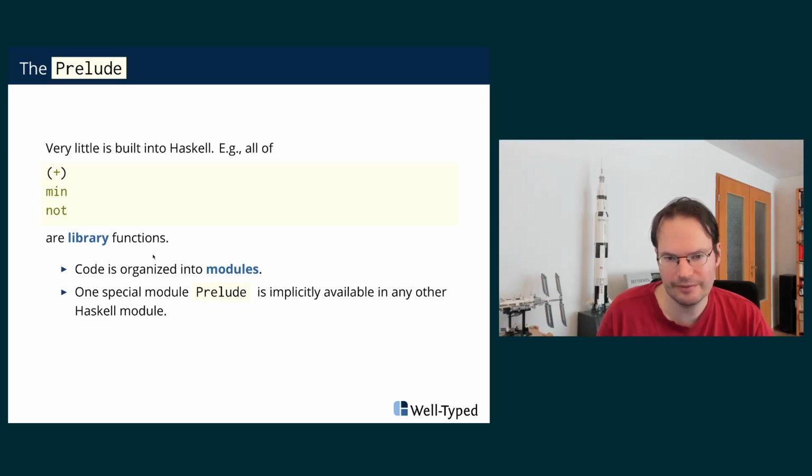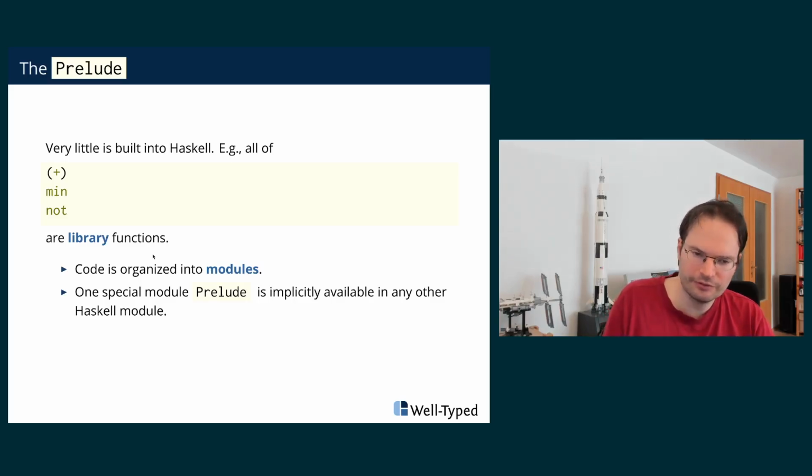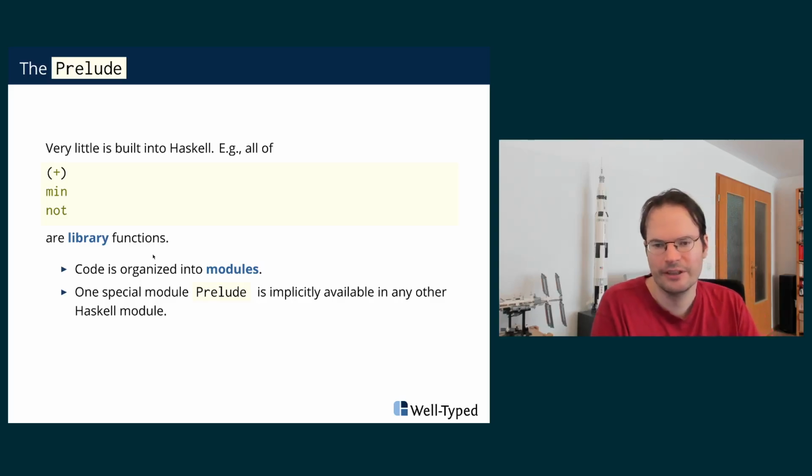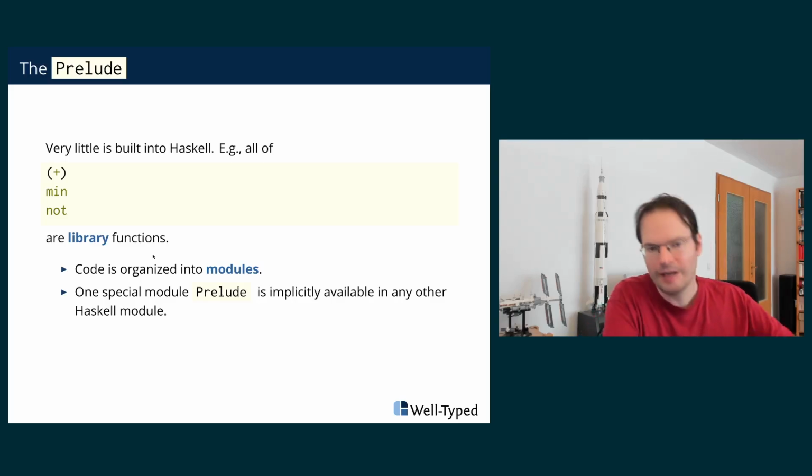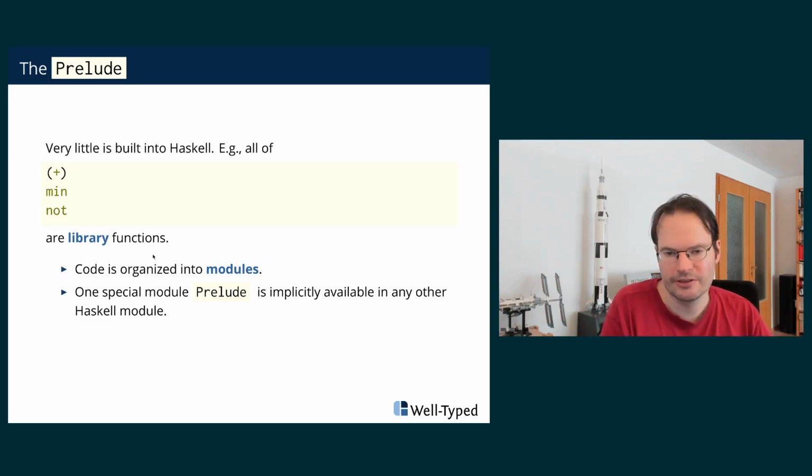The code from that module, the functions, data types, everything else that is exported from that module, is implicitly available in any other Haskell module. And that is the reason why we do have these names in scope: plus, min, not, Bool, True, False, all these kinds of types and values that we've already been using. They're all coming through the Prelude, which is implicitly available in any other Haskell module.